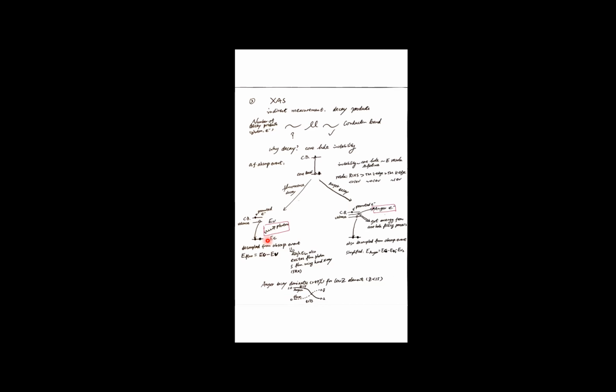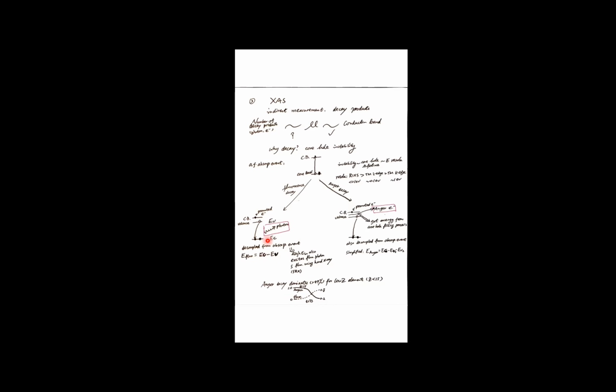Can we generate a core hole in your sample? If we can, then we do have the fluorescence decay process, and the outcoming fluorescence photon can be detected by the detector, and the detector can tell which decay channel it is associated with.